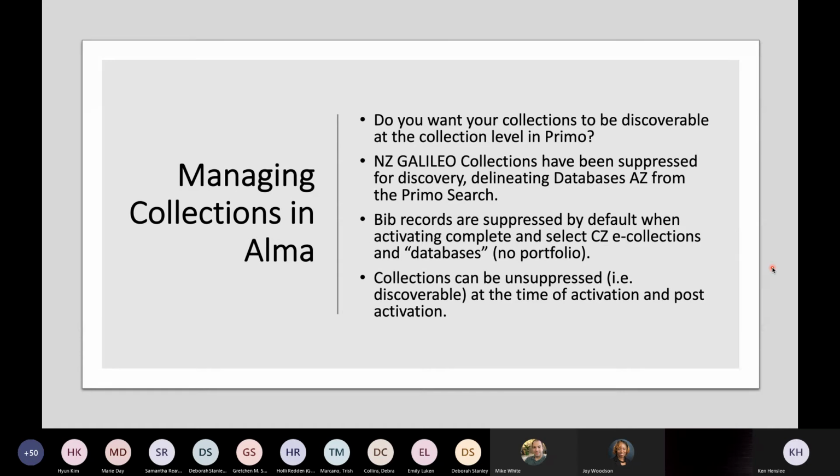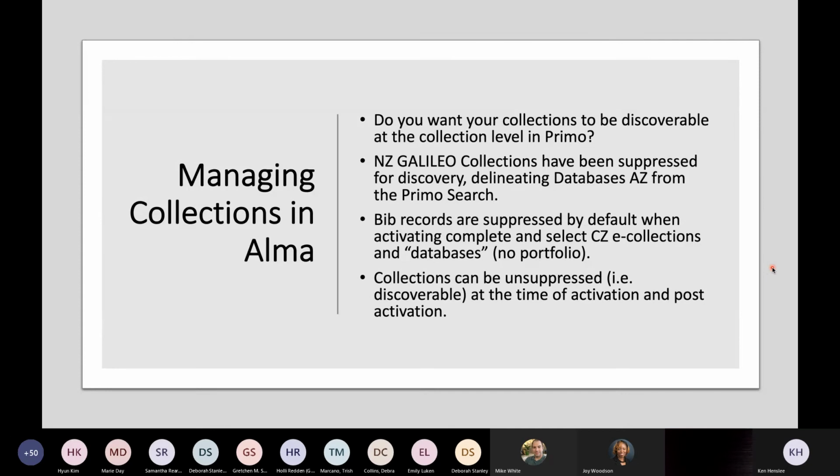And I did see some variations when going through people's catalogs. There were also some situations where it looked like there was an attempt to make the collection available in Primo, but some settings weren't quite there. So I want to go through that.